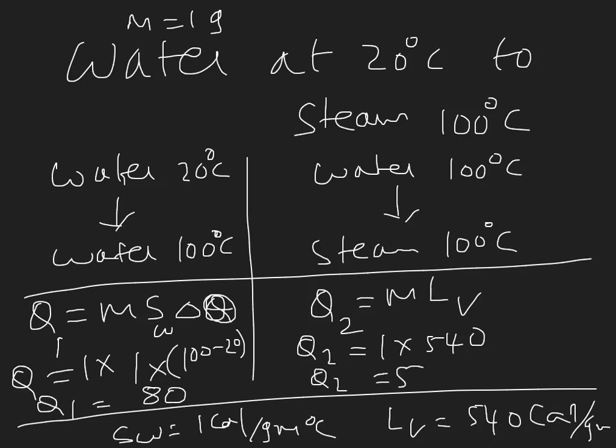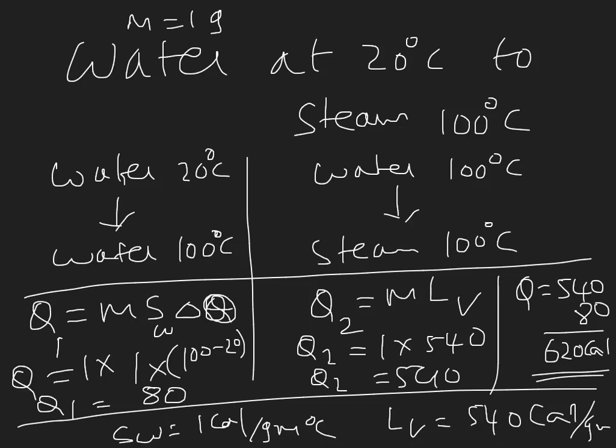Q2 is 540. Total heat energy is 540 plus 80, which gives 620 calories. Like that we have to solve the problem according to the situation. I hope you understood how to handle specific heat and latent heat problems involving conversion from one state to another state. Thank you, beta.